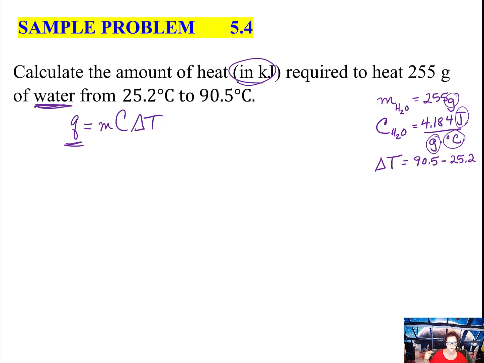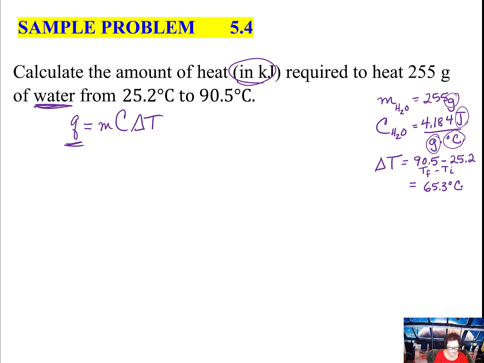So that's how I know 90.5 is my final, and delta T is always T sub F minus T sub I. In this case that's 65.3 degrees C. So I have the mass, the specific heat C, and delta T, and then I will be able to calculate Q.